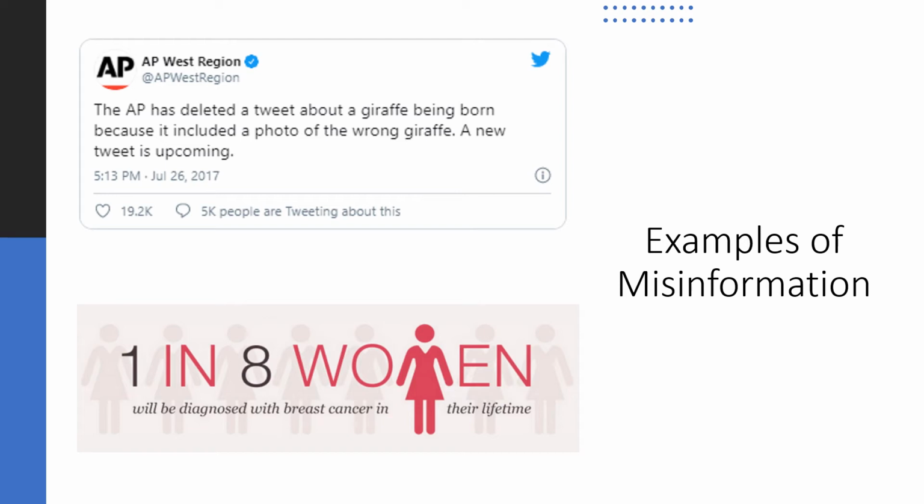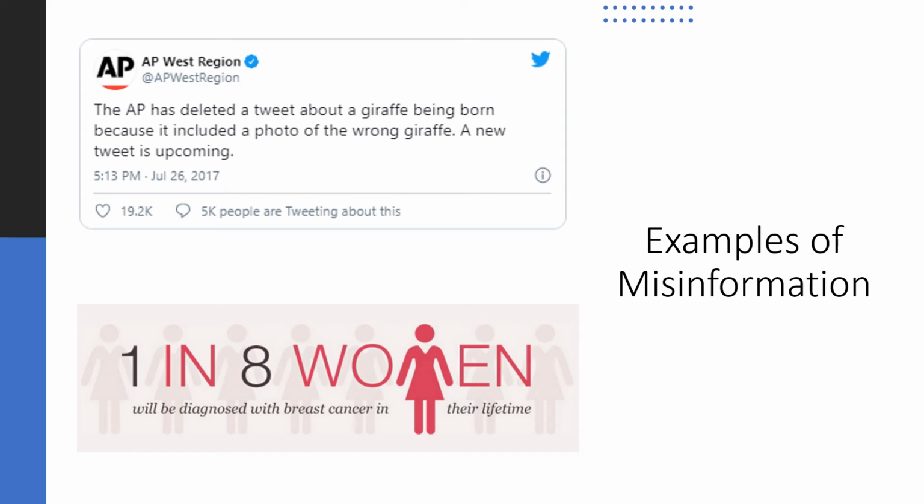But in reality, age really matters. Women in their 30s have a chance of 1 in 227 of being diagnosed with breast cancer. Women in their 40s, 1 in 68, and even women in their 60s, 1 in 28.